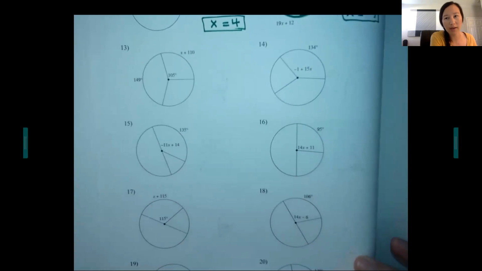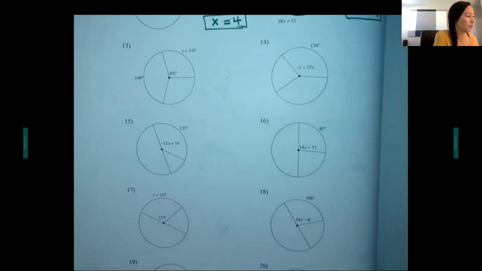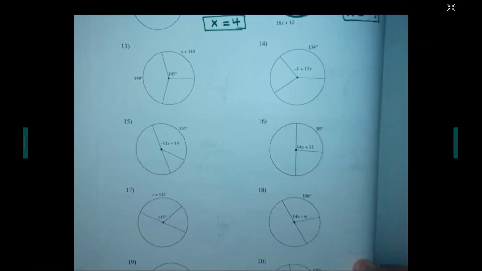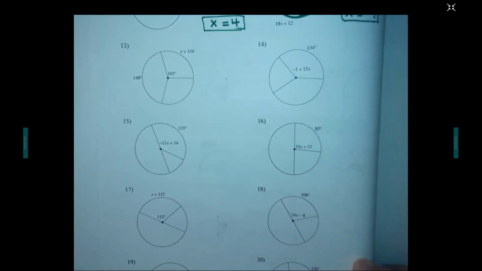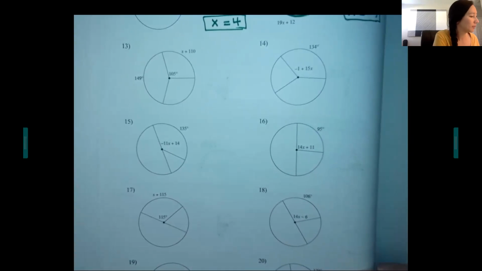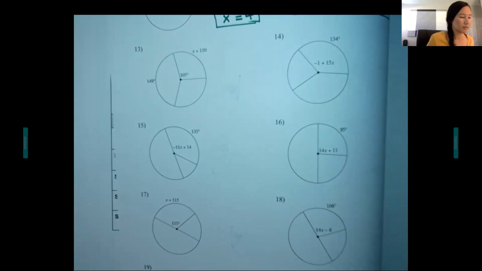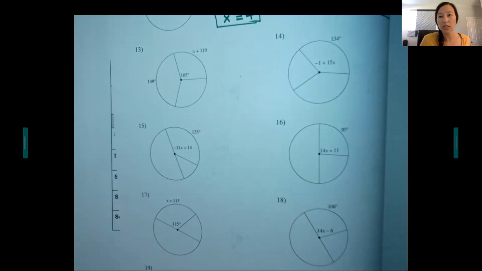So I'll give you guys like 5 minutes to do your 2. So wait, I'm only doing number 15, right? Yes, can you see it okay? Yeah. Okay. And then again, send me a message in the chat if you're stuck, if you need help solving. Which one did you say you wanted me to do again?